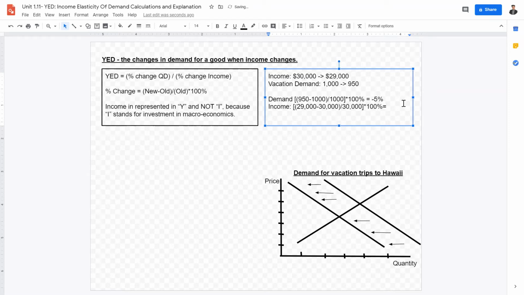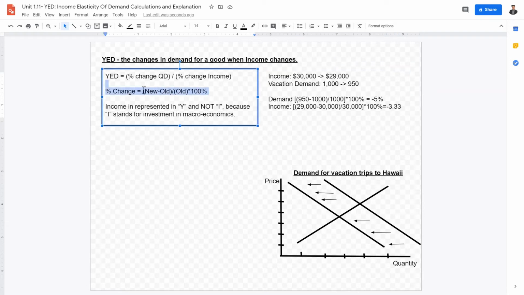That will give us a result of negative 3.333. However, in economics, we usually round to the second decimal point, so 3.33 is sufficient. We get these results by using the percentage change formula.